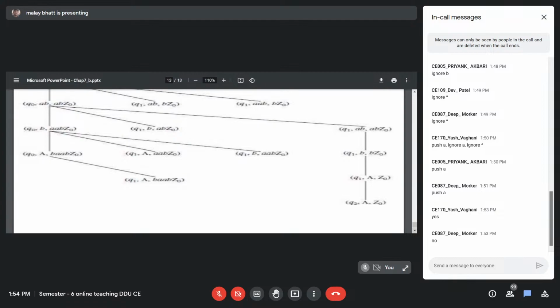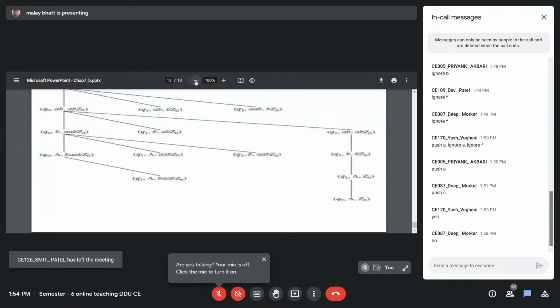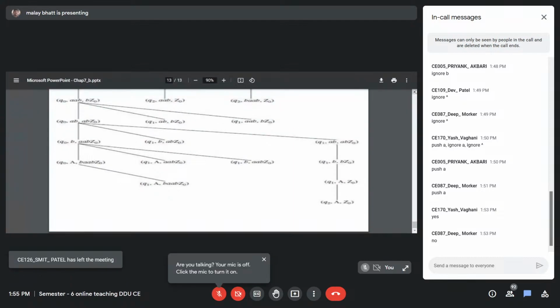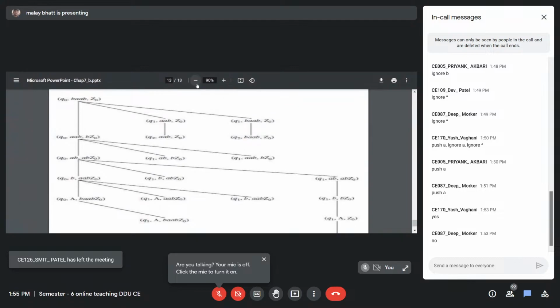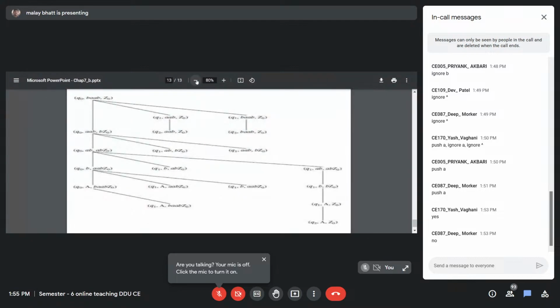The remaining branches, because we still have to do all other operations like push and ignore, will all crash. I hope this example is a very good example, covering both odd and even length palindromes. Any query in this? If you have any query, you can ask.